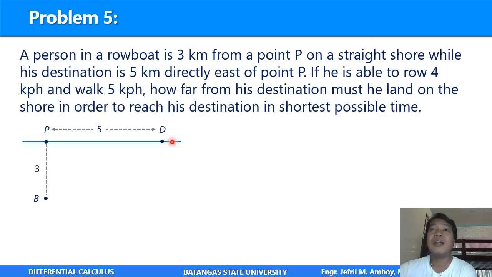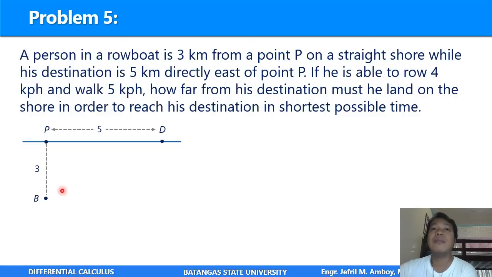Now, however, mabagal siyang magsagwan. 4 kph lang. And because of that, although this is the shortest distance, he might not be able to get to his destination in the shortest possible time because he is relatively slower when it comes to rowing compared to walking.